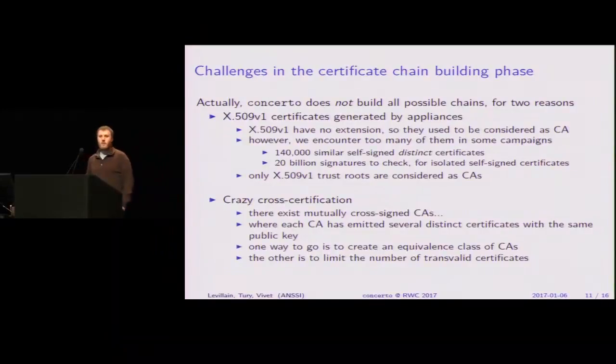The other thing is crazy cross-certification. You have a lot of certificate authorities that do cross-certification, and sometimes you have mutual cross-certification, which would lead to cycles, which is not a problem per se.